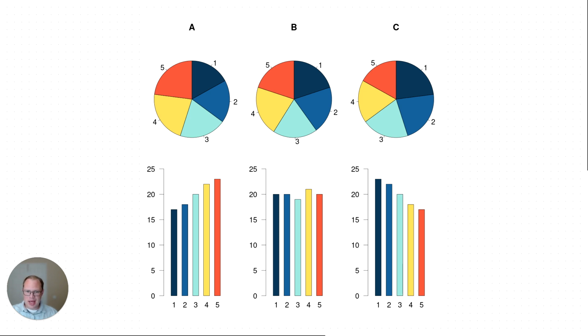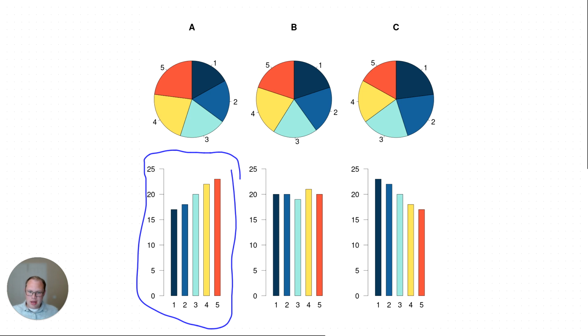If I were to ask you, what's the biggest slice of this pie? Looking at the pie chart, you might be able to come up with the right answer, but it's a little hard to see, right? Whereas if I look at the bar chart, we could immediately see that 1 is the smallest slice, 5 is the biggest slice, and we could see that we're increasing in size going from 1 to 5.